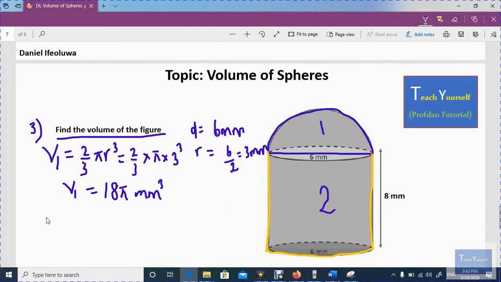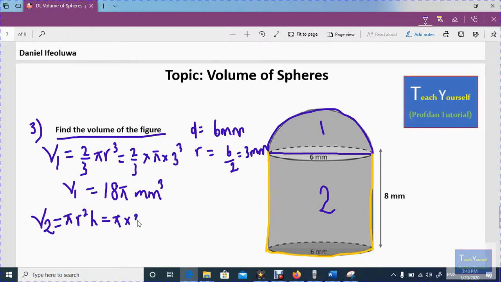So the part 2 is volume of a cylinder. You remember the volume of a cylinder as pi r squared h. Check the video on volume of cylinder. So we have pi times the radius of the cylinder, which is still 3 because its diameter is also 6.